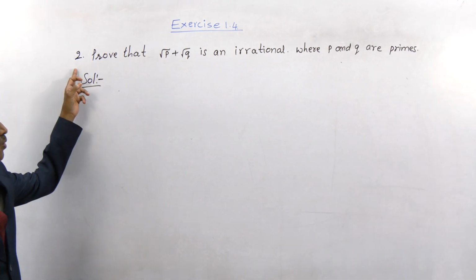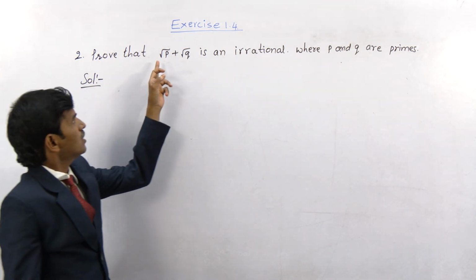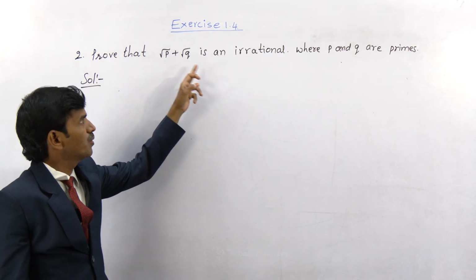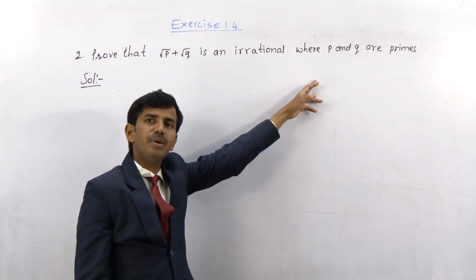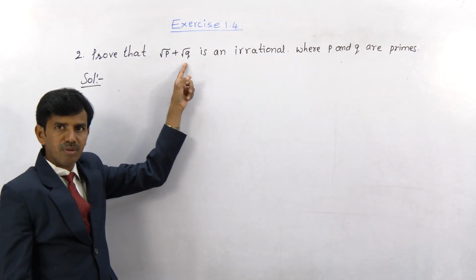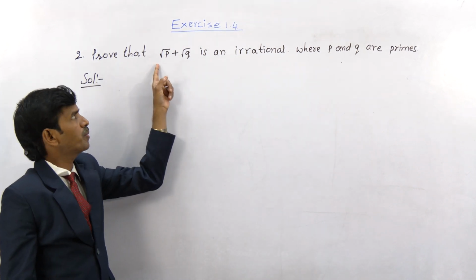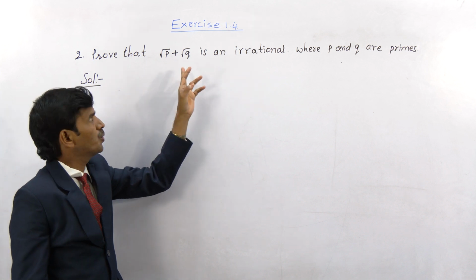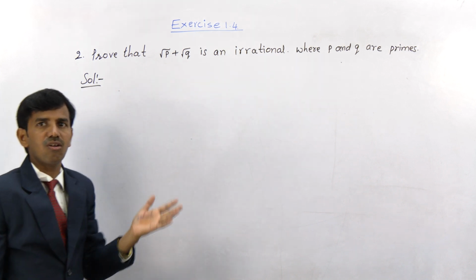Let us see the next question: prove that root p plus root q is an irrational number where p and q are prime numbers. Whenever p and q are prime, check whether the summation of root p and root q is irrational or not.